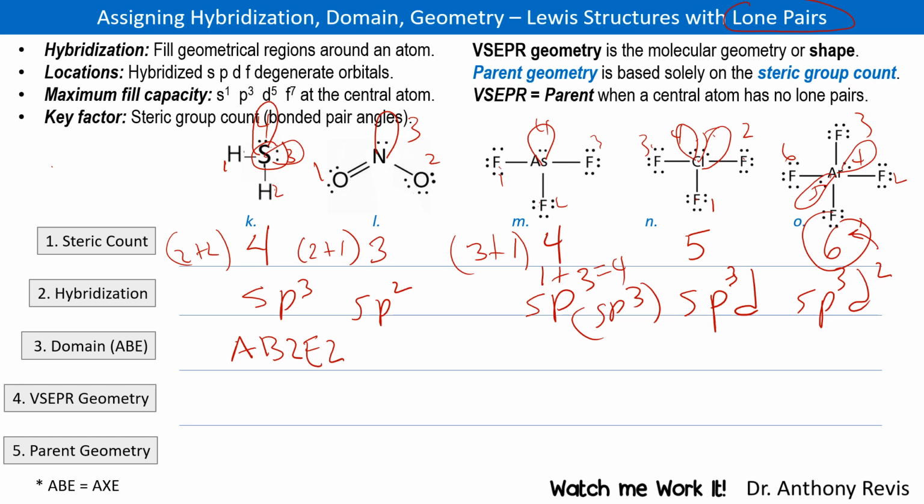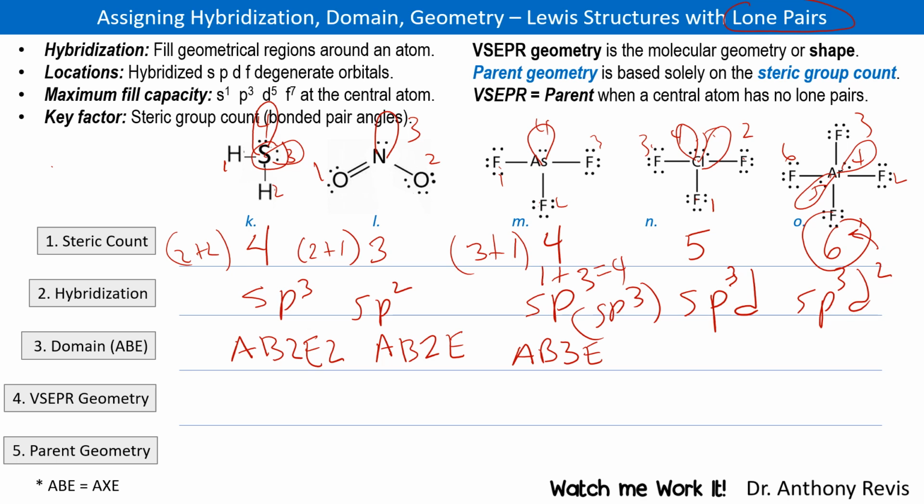In the next one, NO2, I have A for the N, B for the 2 oxygens, and the lone pair is E. In the case of the compound M, we have A for the central atom, we have B with a 3, and we have 1 lone pair, which will be an E.